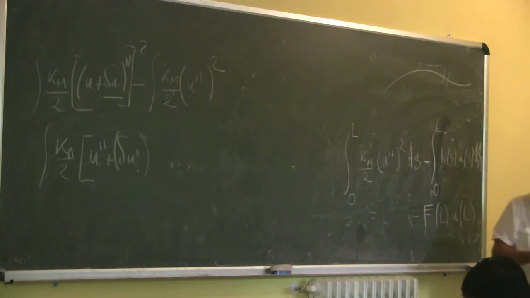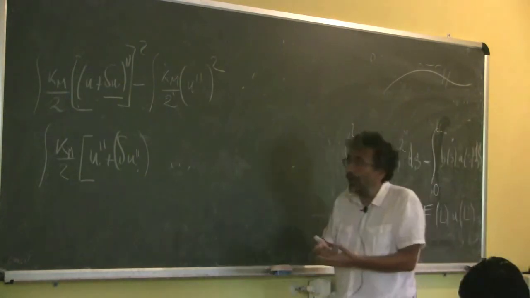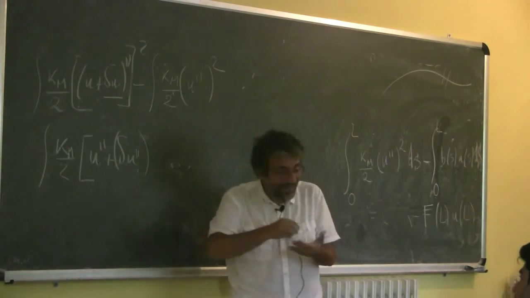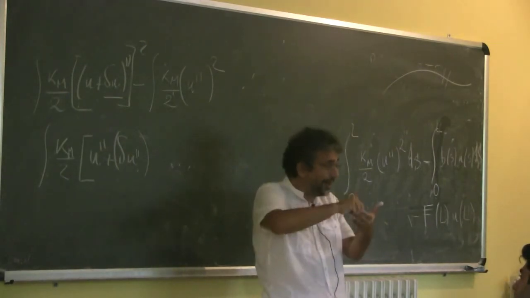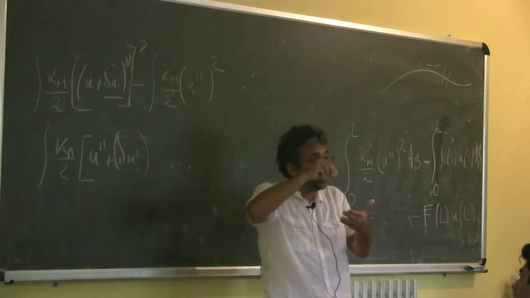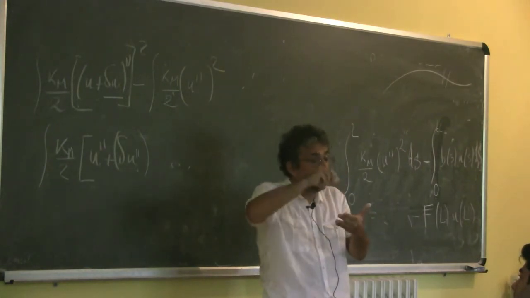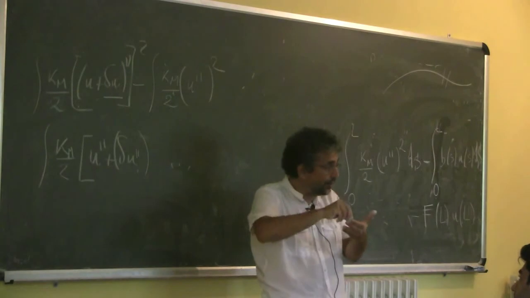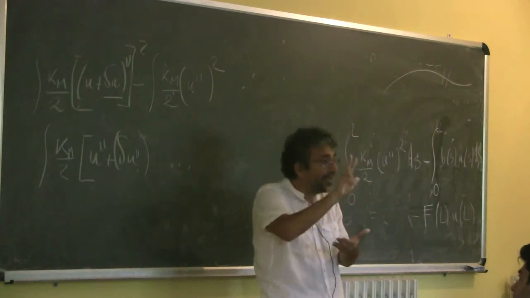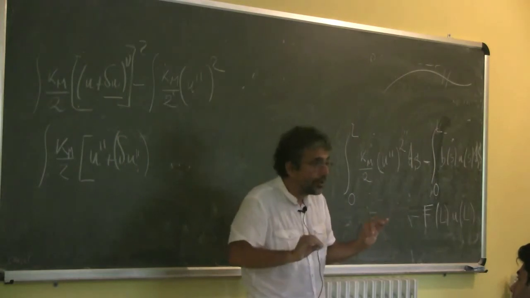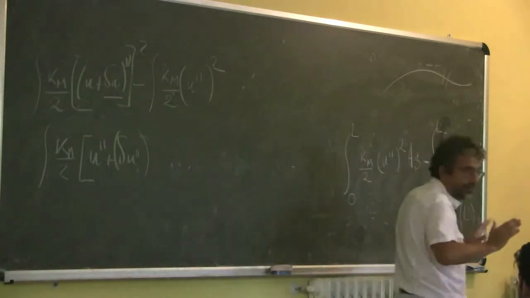So I am assuming that I am adding to u a delta u, this delta u has a first derivative, delta u prime, and a second derivative, delta u second, and all three of them are small. So I can neglect all of them.